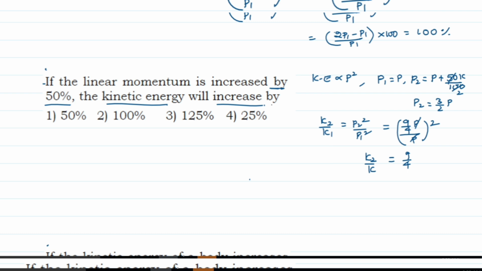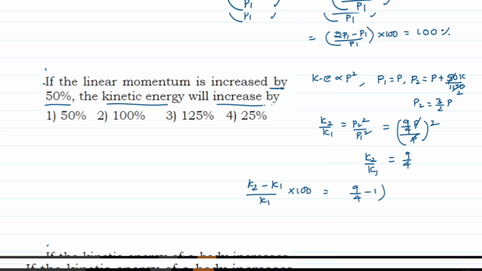So here you can take final kinetic energy minus initial kinetic energy by initial kinetic energy into 100. This is how much percentage increase in the kinetic energy. It's K2 minus K1, right? This is nothing but 9 by 4 you can take, by taking K1 common.